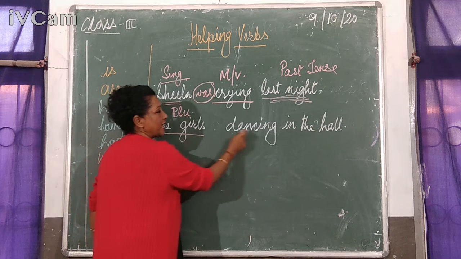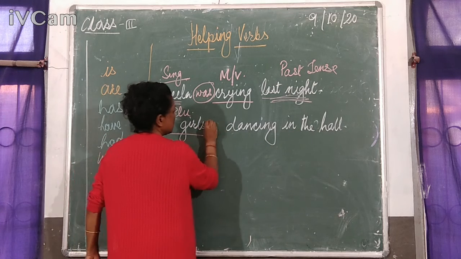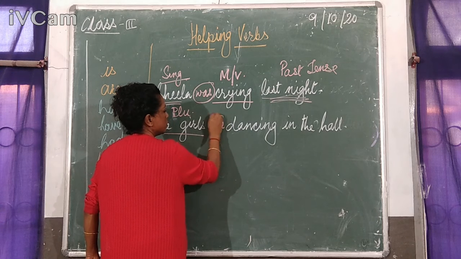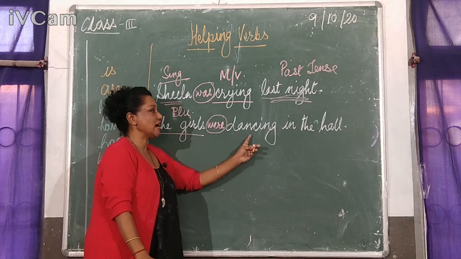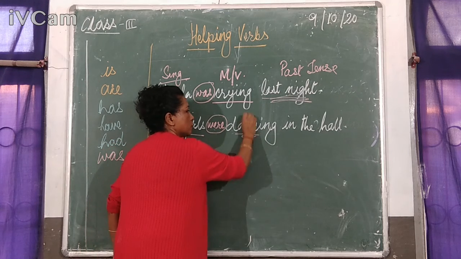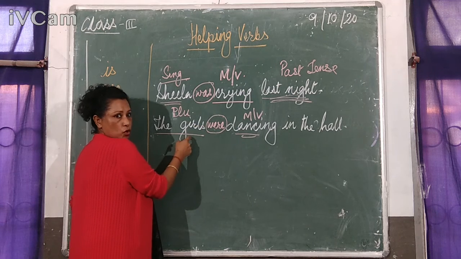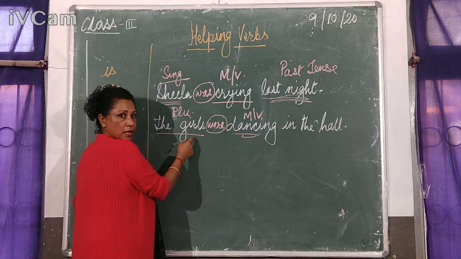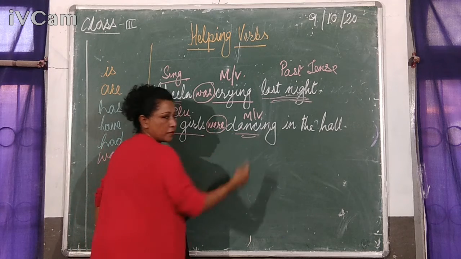The girls dancing in the hall. You use were. The girls were dancing in the hall. Dancing is the main verb, and were tells you about more than one, plural. Without this were, you will not be able to make the sentence complete.